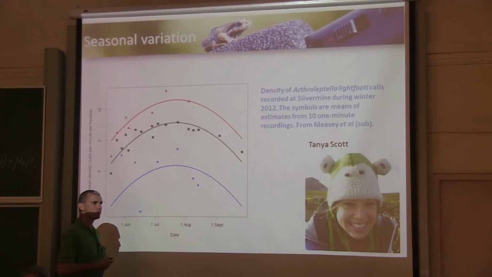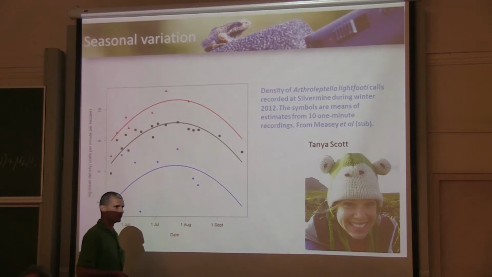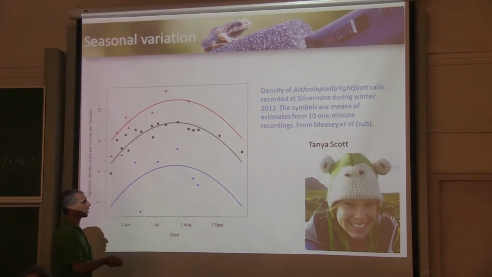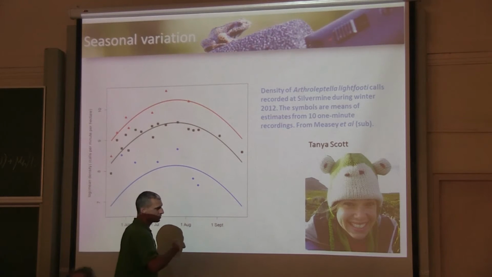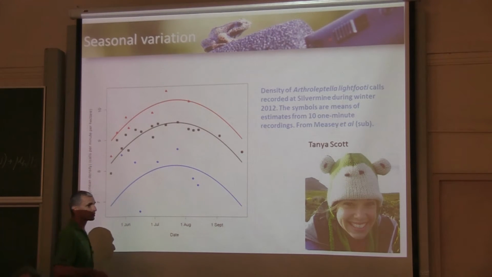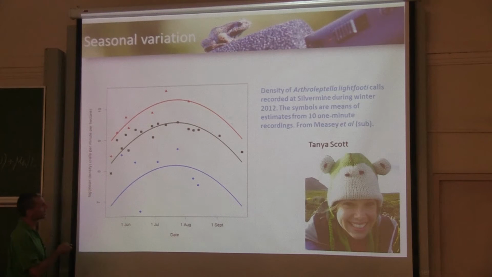So what can you do with this kind of information? Well, we had an honours student a few years back at UCT who used repeated sampling at 3 sites to look at how call phenology, or the number of animals calling, changes throughout the year.